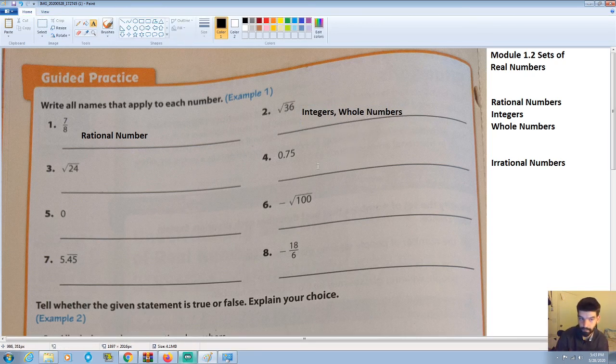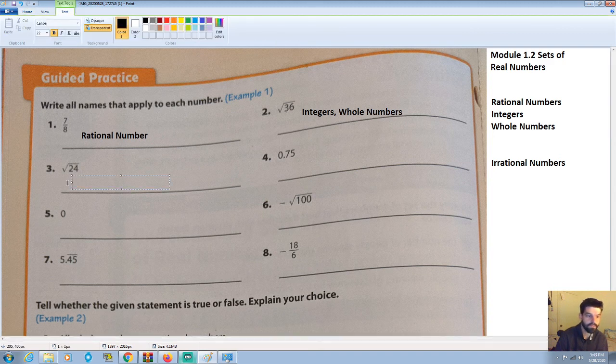or a whole number. The square root of 24, so this one is a little interesting because it's a square root. 24 is not a perfect square, so the square root of 24 is approximately 4.89897948, but as you can see, based on that, I'll actually type it out here, 89897948.